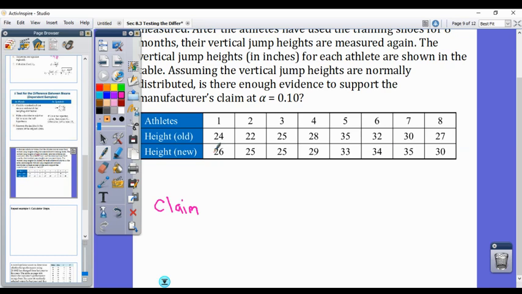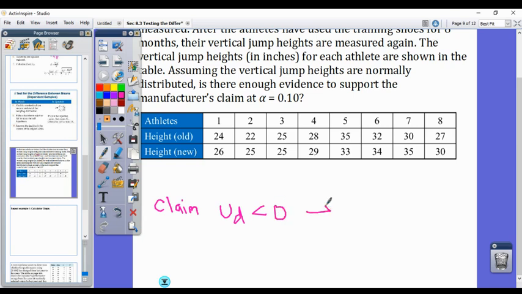So when we're doing our difference, if the new one is going to be greater when I'm subtracting the old height minus new height, I should be getting a number less than 0. So my claim is the difference in my mean is going to be less than 0.